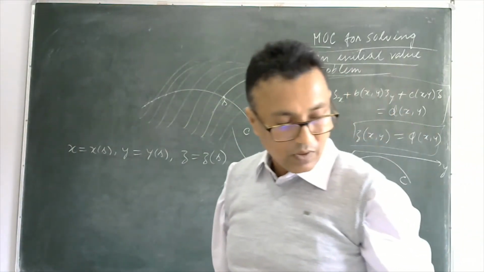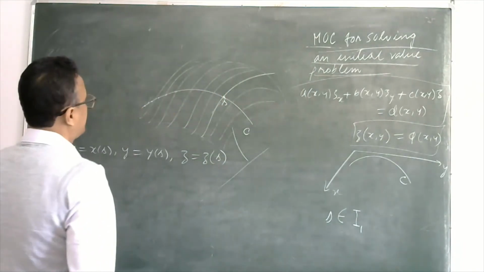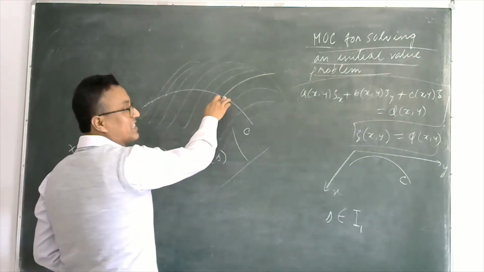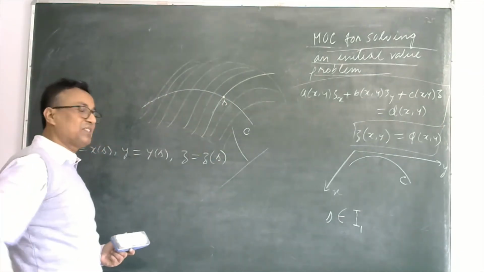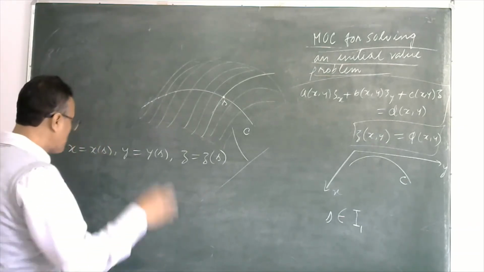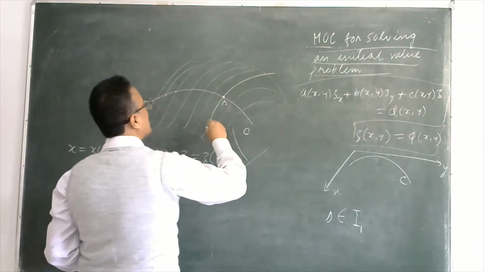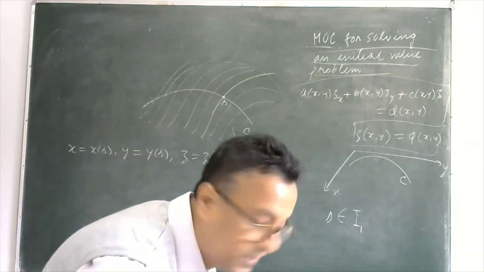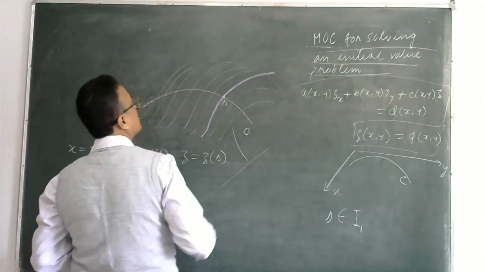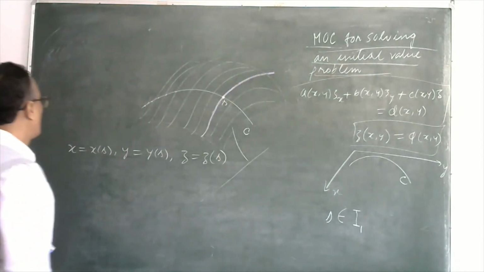Okay, fine. So now I can parameterize this characteristic curve the way I did earlier. Suppose I am considering this characteristic curve passing through this point.